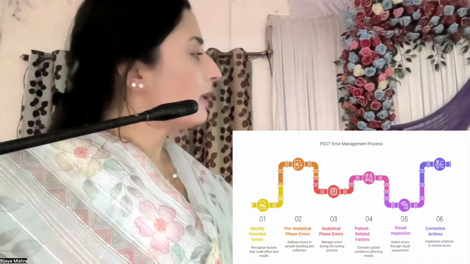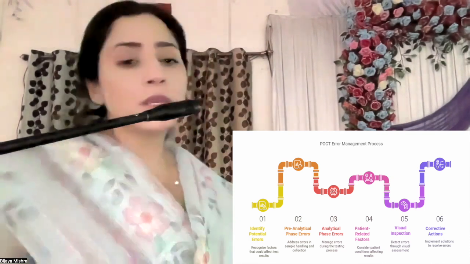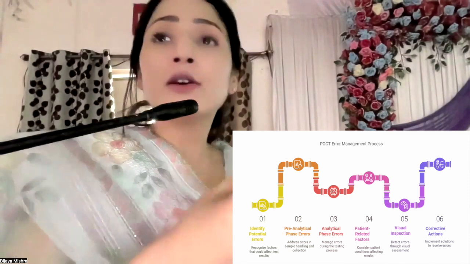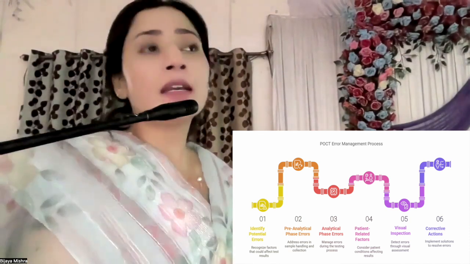Number two is the interfering factors. The pre-analytical errors phase should be identified before running. These are the errors associated with patient identification and with specimen identification, collection, handling, and transporting.